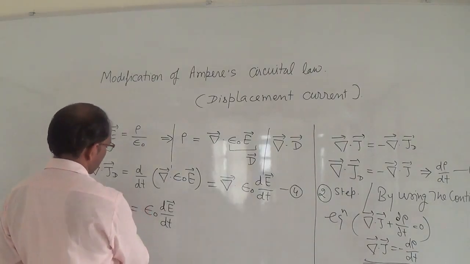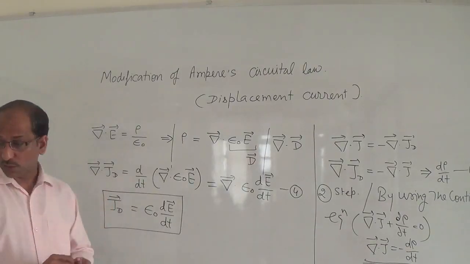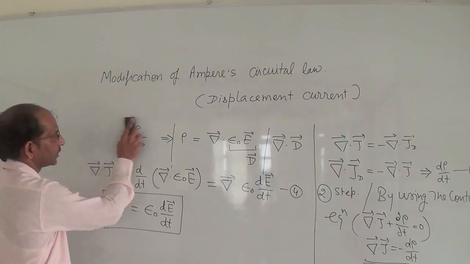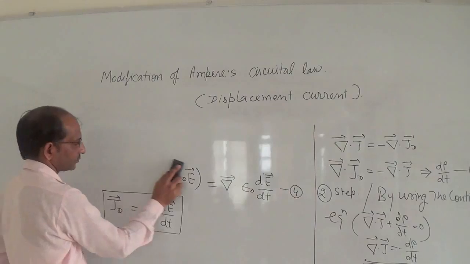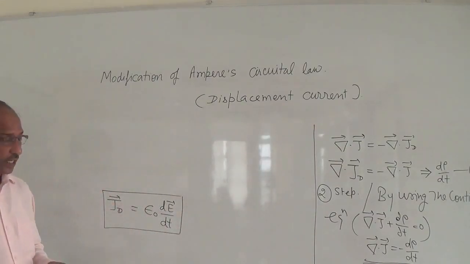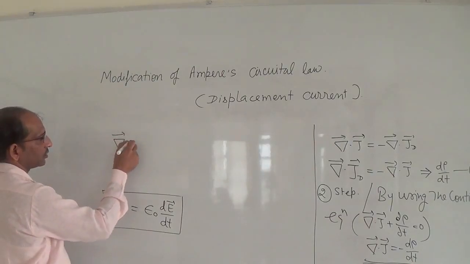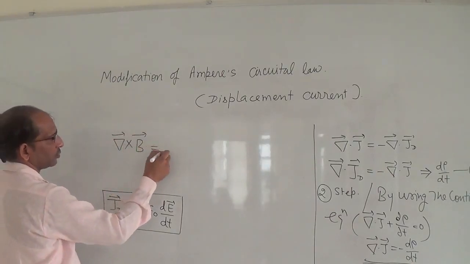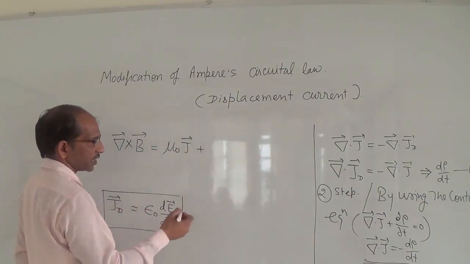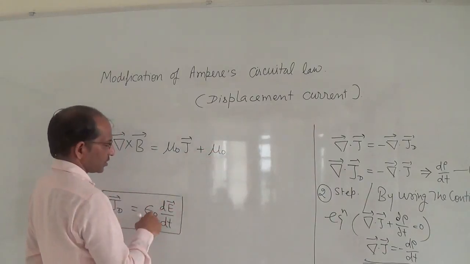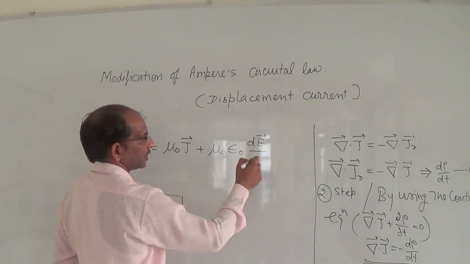So JD is in terms of the time varying electric field. So the modified Ampere's law in terms of the displacement current can be written in this form: del cross B is equal to mu naught times J plus mu naught times JD. JD is this one, mu naught epsilon naught dE upon dt.